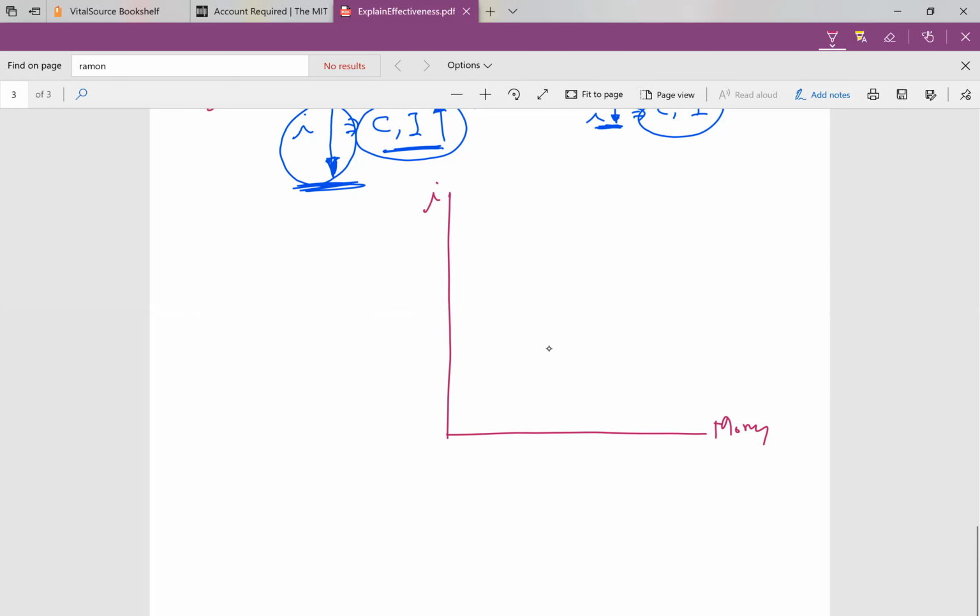And I'm going to do it like this. So I'm going to take a money demand that comes like this. So there is an inelastic portion of the money demand here, and a more elastic portion of the money demand down there. Why is that?